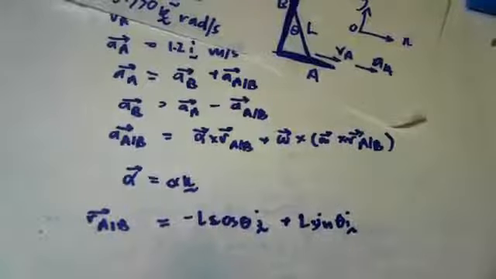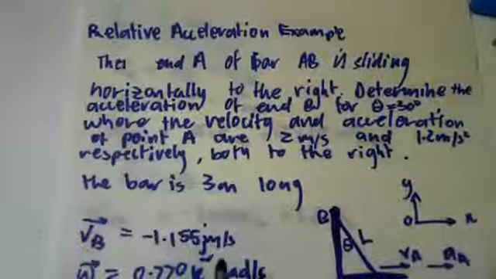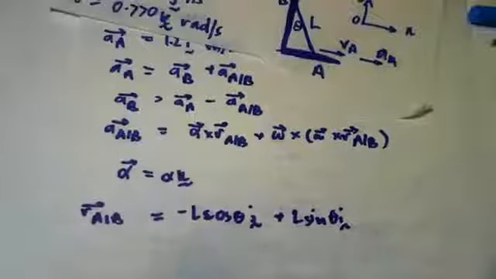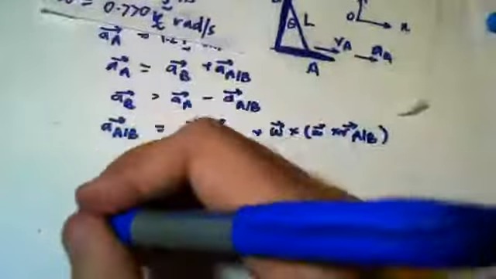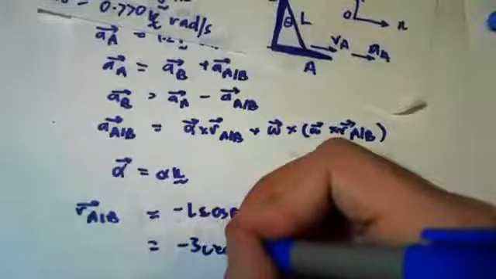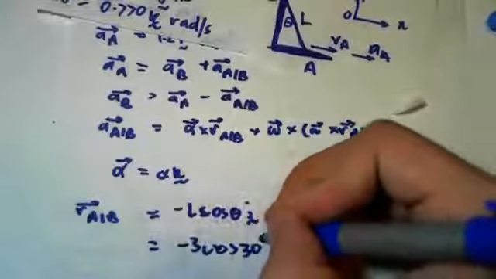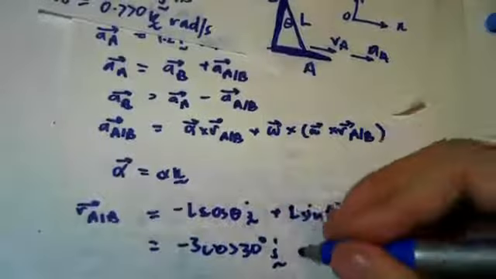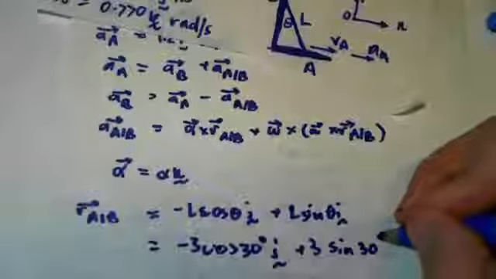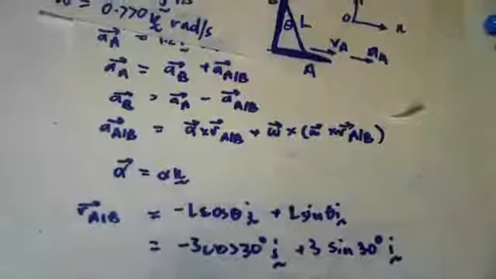If we substitute in the values, so the bar is 3 meters long, and theta equals 30 degrees, we'll get a value for our relative position. So that equals negative 3 cosine 30 degrees j plus 3 sine 30 degrees i.